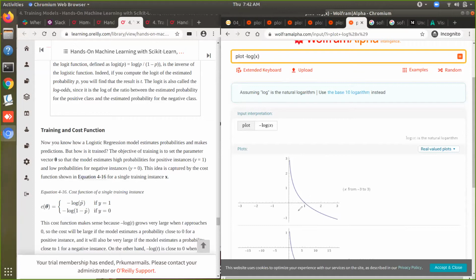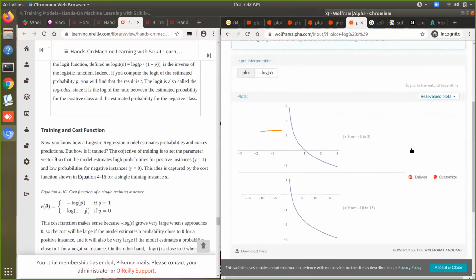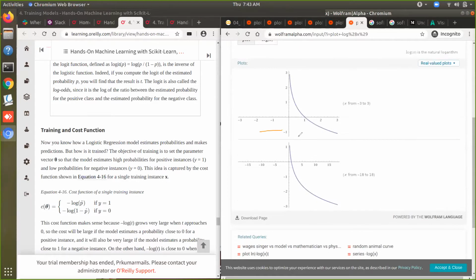Here is the negation of log x. The probability values lie between 0 and 1.